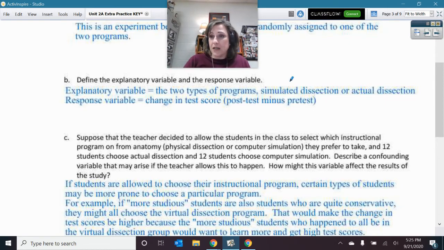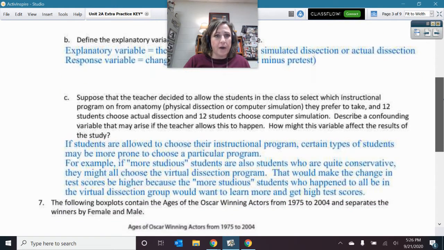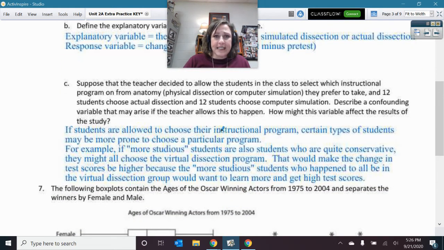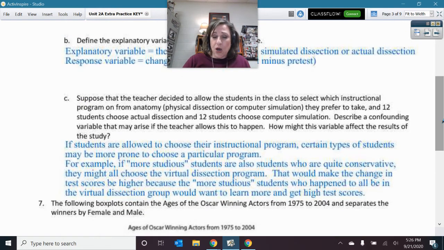Important that it's the change. All right. Now, this had said, what happens if the teacher let them choose? What might happen? And it wanted to know, describe a confounding variable. So you needed to be specific of a made up scenario that could happen if students chose their particular type of dissection. So here we go.